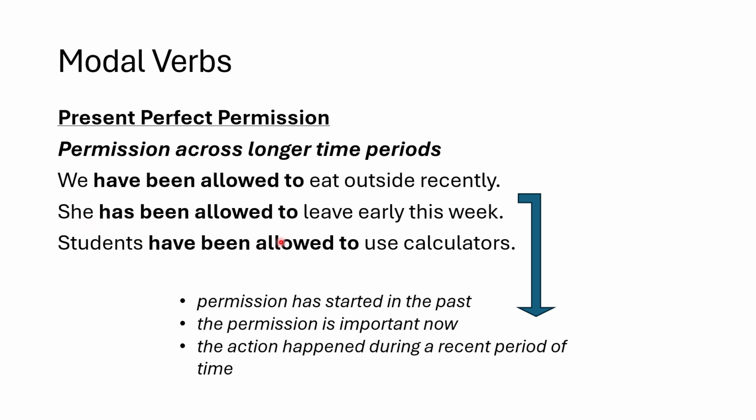She has been allowed to leave early this week. Students have been allowed to use calculators. In these sentences, permission has started in the past. The permission is important now, and the action happened during a recent period of time.